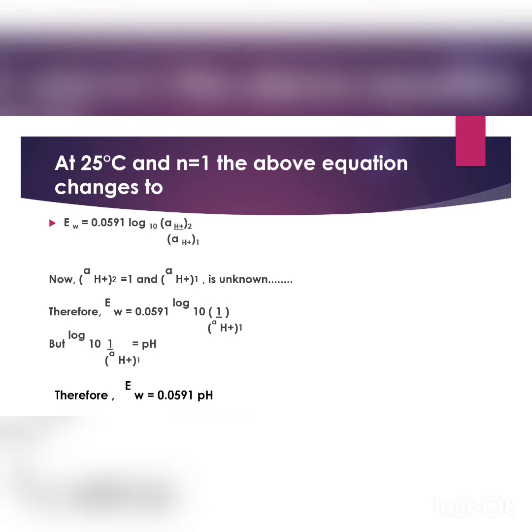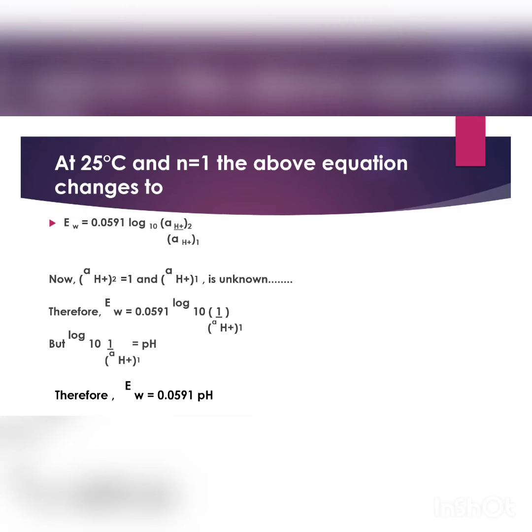Now, activity of H+ ions of solution 2 is known to be 1 and activity of H+ ions of solution 1 is unknown. Therefore, E is equal to 0.0591 into log10 of 1 divided by the activity of H+ ions of solution 1.